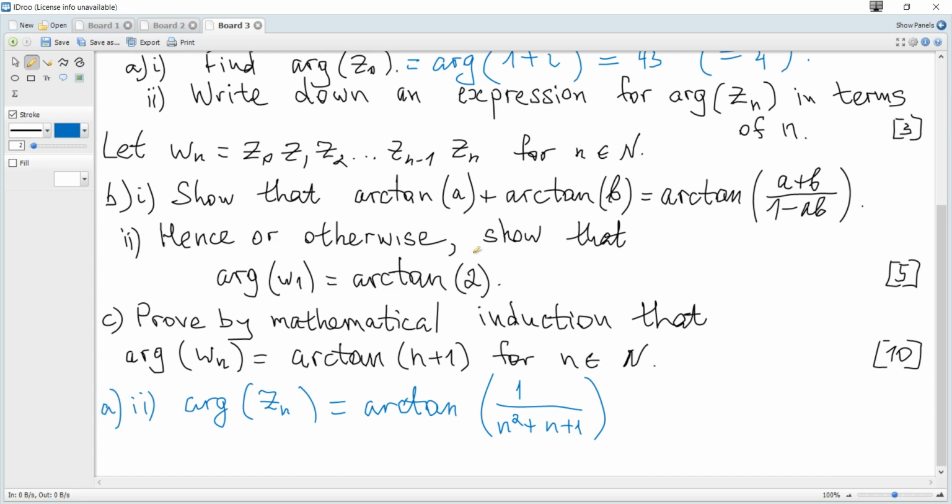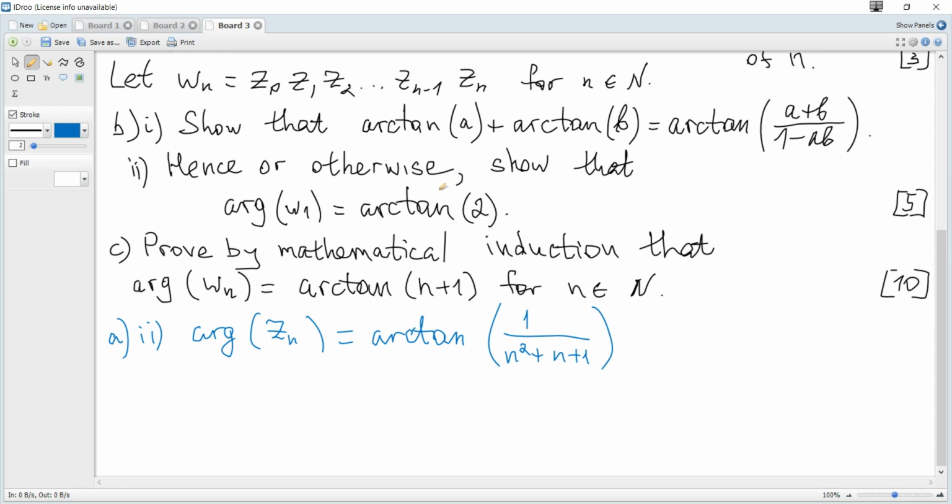Next, let w_n be the product of z_0, z_1, and so on up to z_n. Again, n is 0 or positive integers. Show that arctangent of a plus arctangent of b is arctangent of a given expression. It's a very typical situation when you meet the sum of two arctangents.